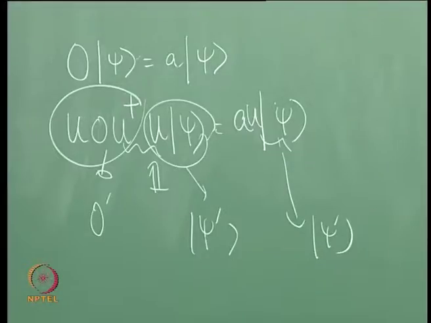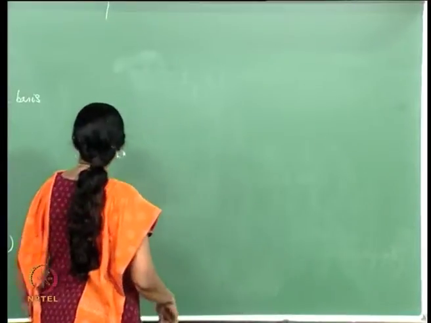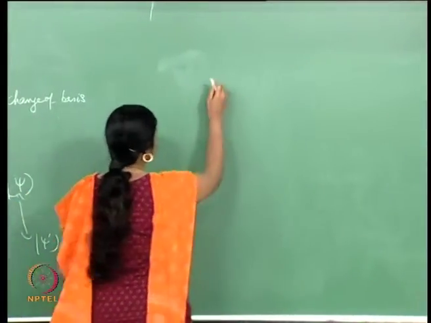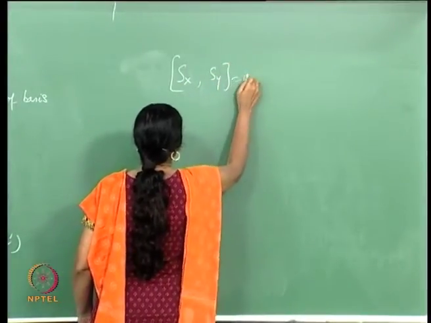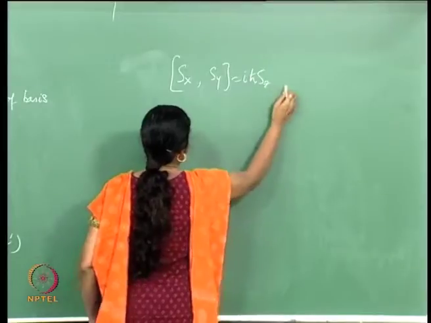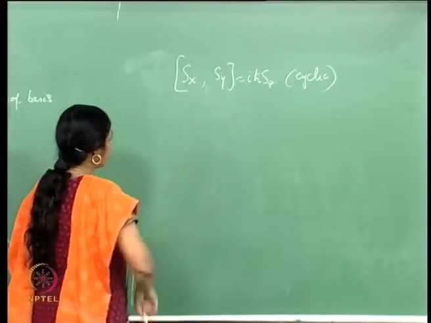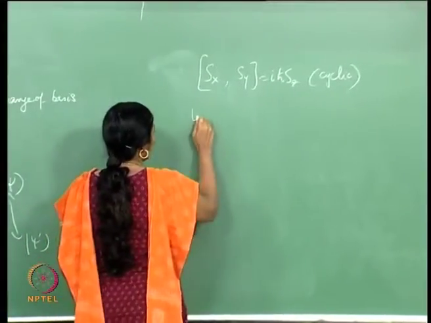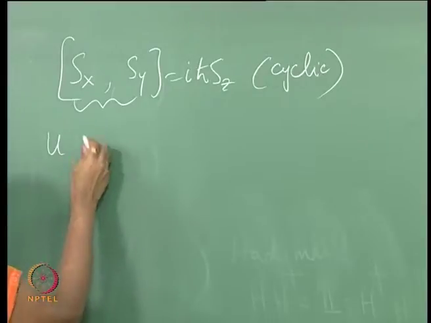What about the commutation algebra? So let us look at the spin matrices which we are now familiar with. I have the commutator Sx Sy is I h cross Sz, and this is a cyclic relation. This is an operator because it is a commutator of two operators.